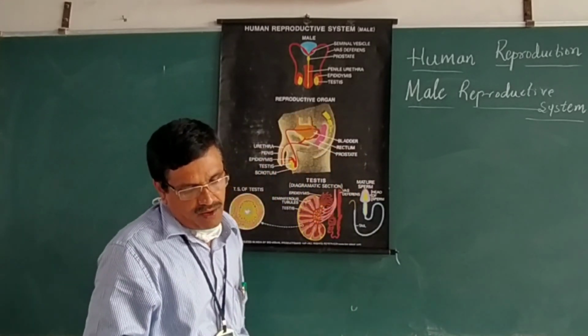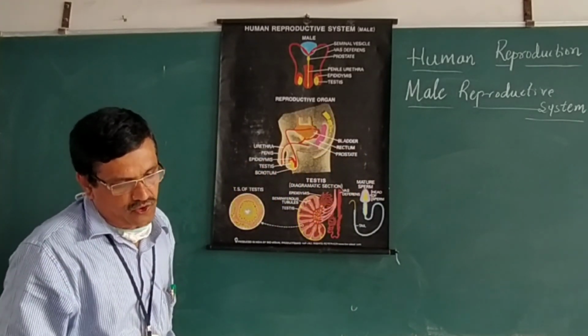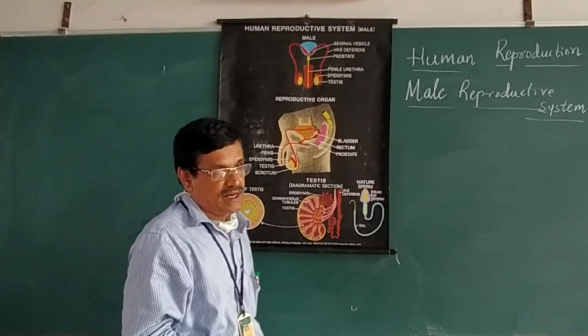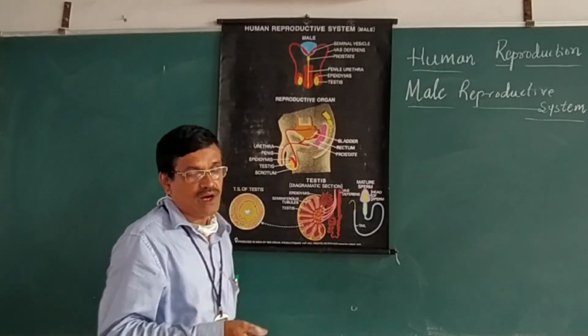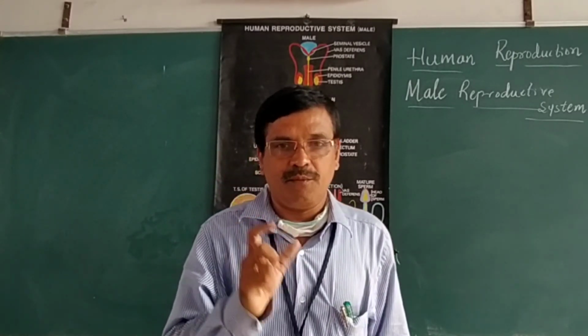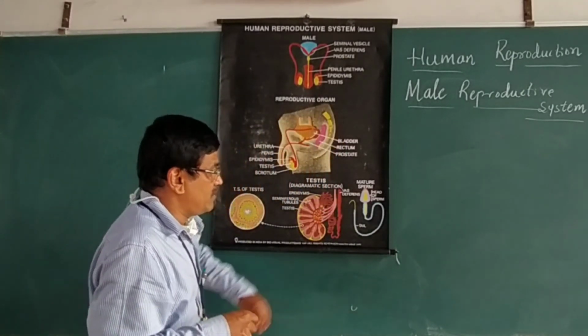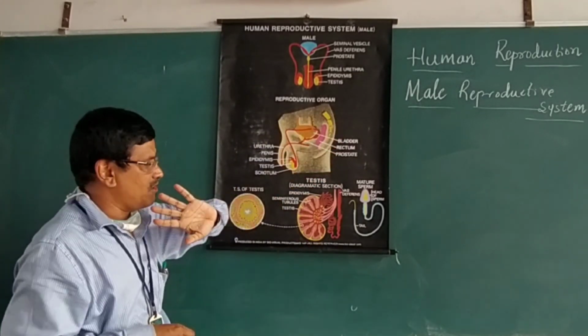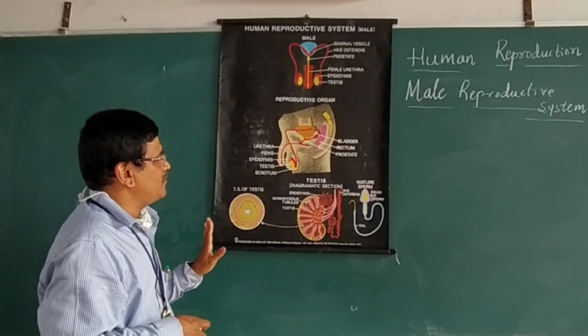Then the secretion of the bulbourethral glands also helps in the lubrication of the penis, the external genitalia. So this is about the structure of the male reproductive system.